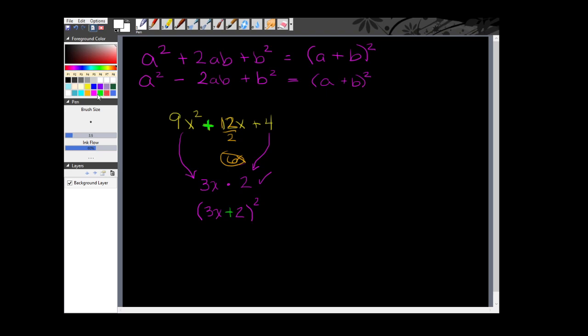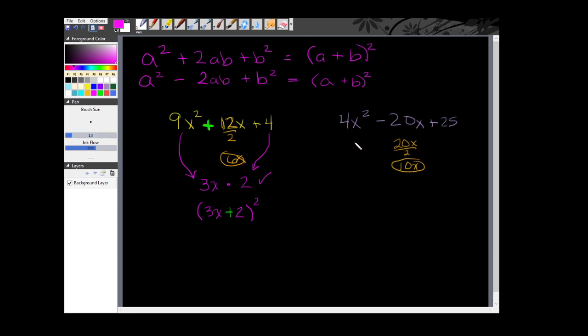Let's go ahead and let's try another one. So let's try it now with 4x squared minus 20x plus 25. All right, so to start, I'm going to go ahead and find my target number. So 20x divided by 2 is 10x. That's my goal.